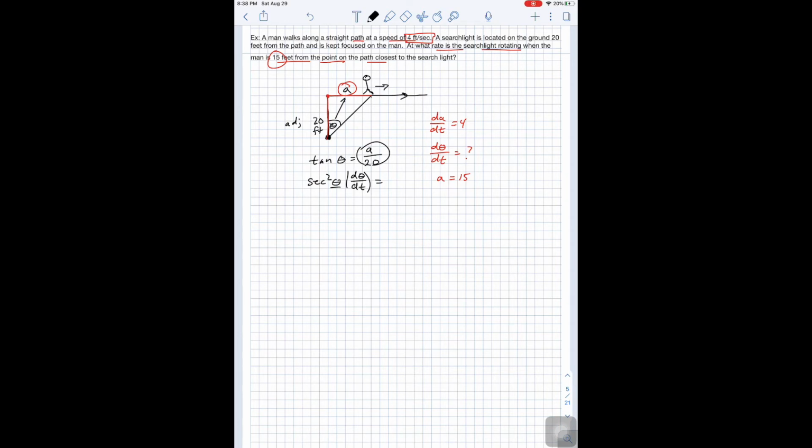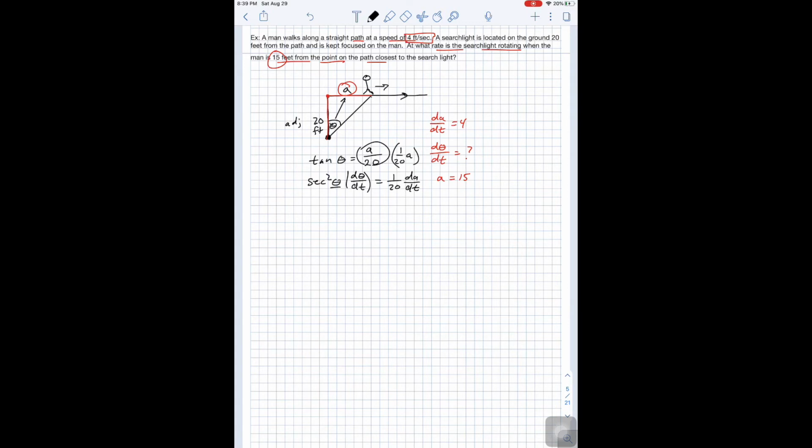And then this right here, don't do the quotient rule on that. That's just 1/20th A. You can rewrite it this way. That's what that means. So it's just a simple power rule. This is 1/20 A to the 0, if you will, and then dA/dt. That's your derivative. Now we're going to plug in values, okay?